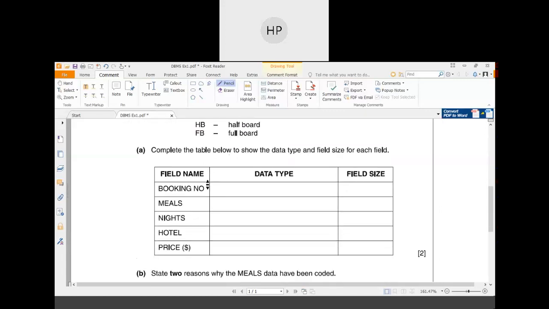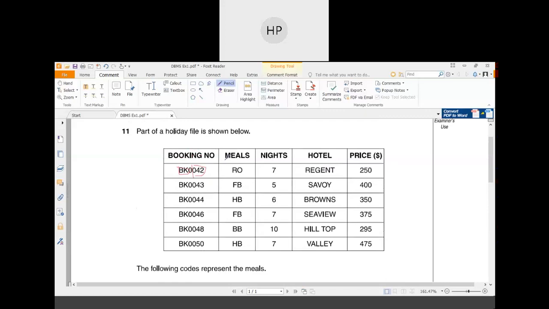Right. Then the second one, meals. What is the data type of this particular field? Meals. Symbol? It's in a symbol form? No, it's in this Access. Isn't there something like short text? Just text.